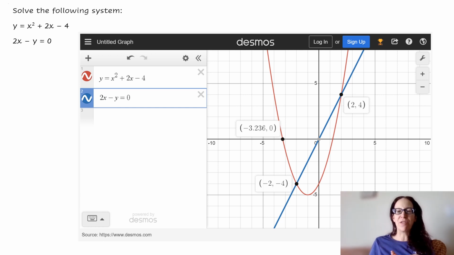When I plug them in, they'll make it true. And then I'll come down here and plug in the second equation. And now I've got a picture of the points that make that equation true.